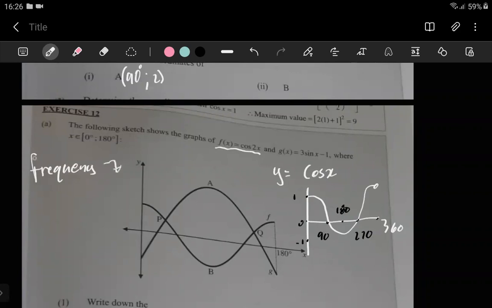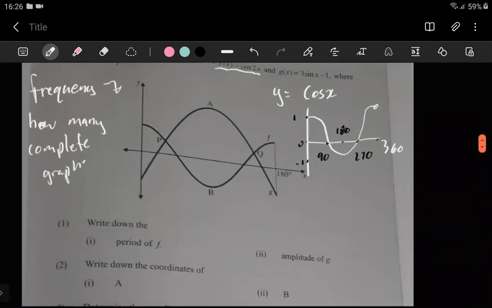Frequency is basically how many complete graphs in a space of 360. That's what frequency is.